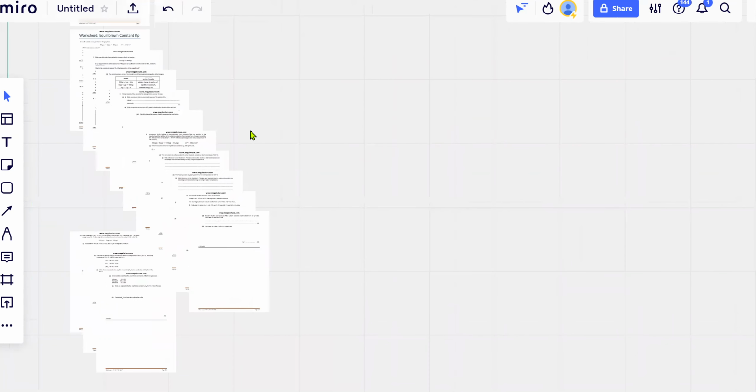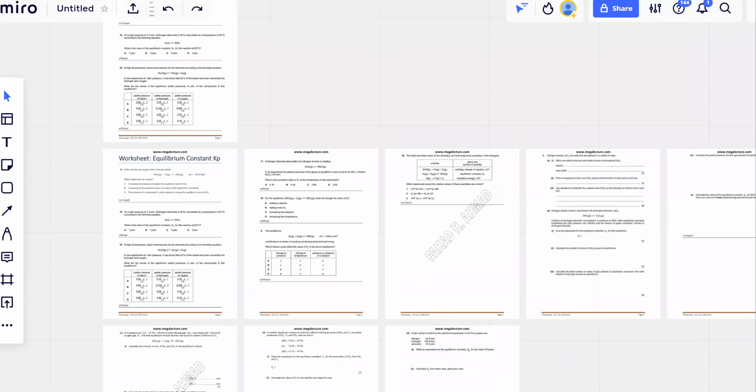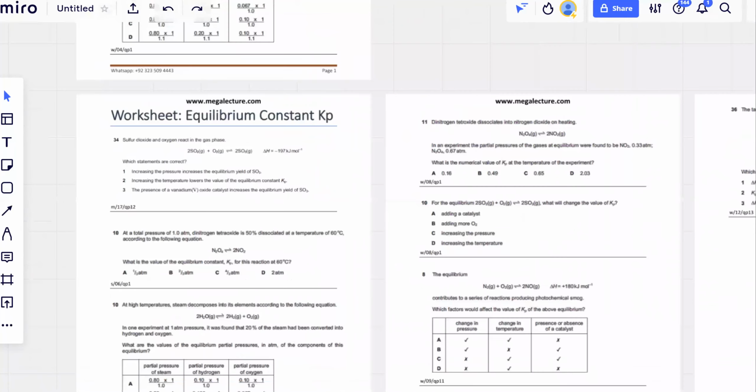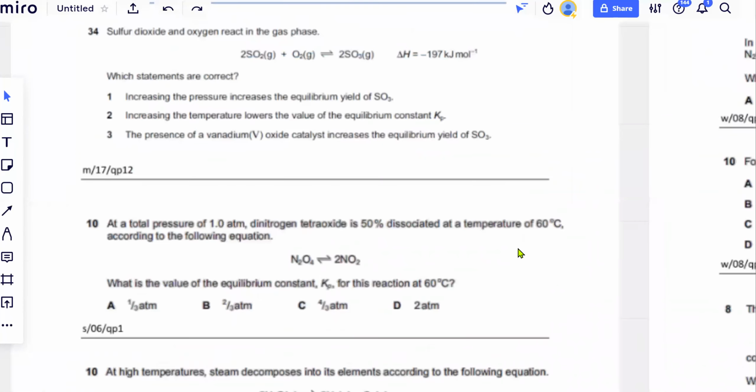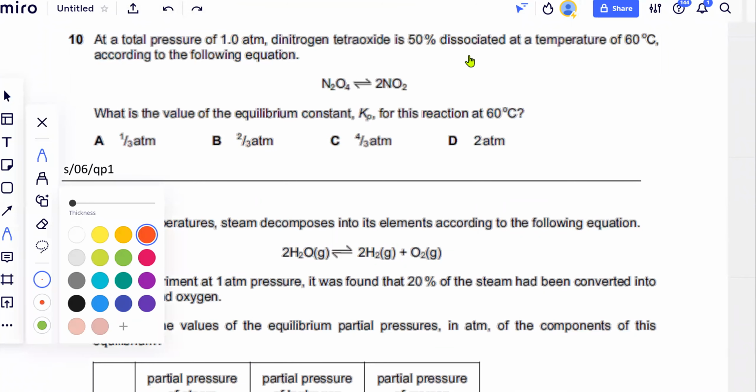This one. We're going to start with the first question. These are all Kp questions. The question states, and remember, you can always deal with percentage. Mole fraction is kind of percentage, so you can always deal with the whole question in percentages.